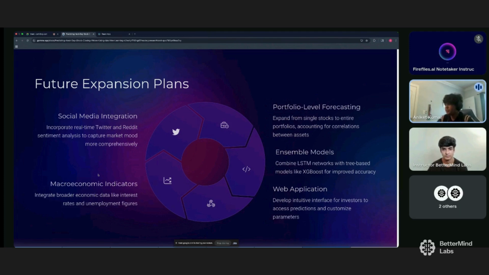Ensemble models: combine LSTM networks with tree-based models like XGBoost for improved accuracy. And lastly, a web application to develop an intuitive interface for investors to access predictions and customize parameters. That links in with the graph the users can see, and it's important as users have a more visual example of the stock.